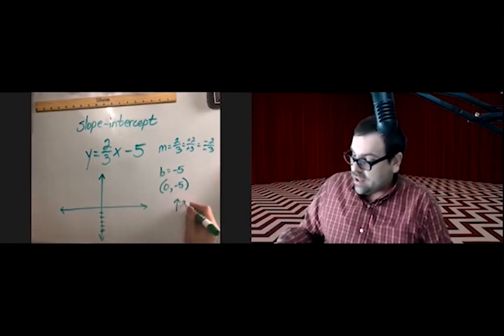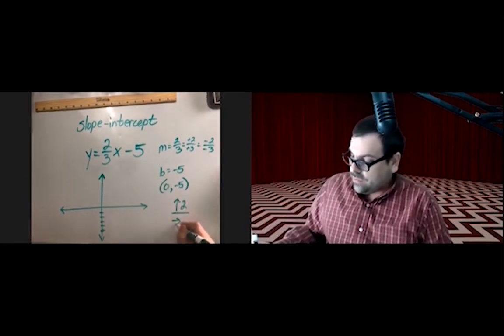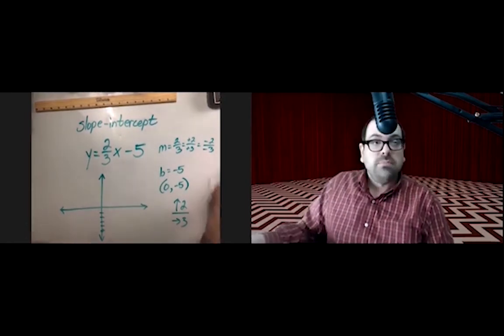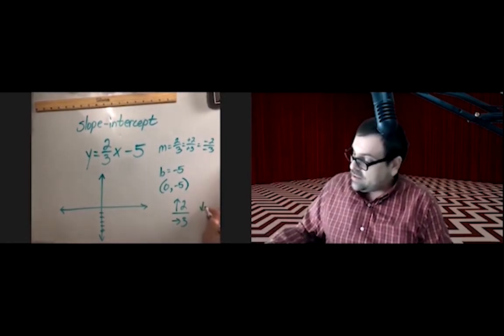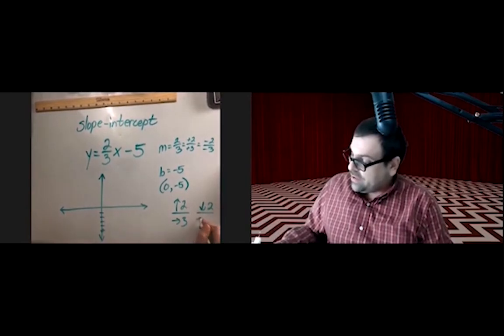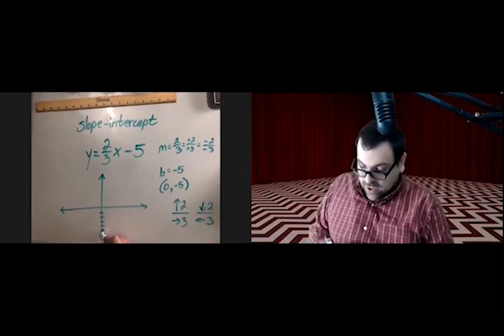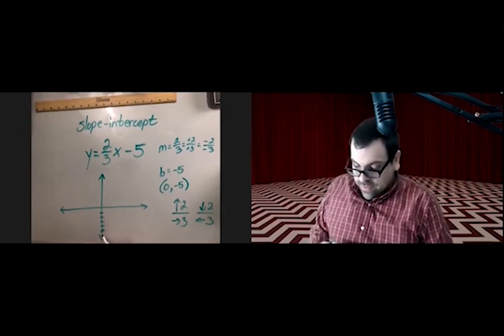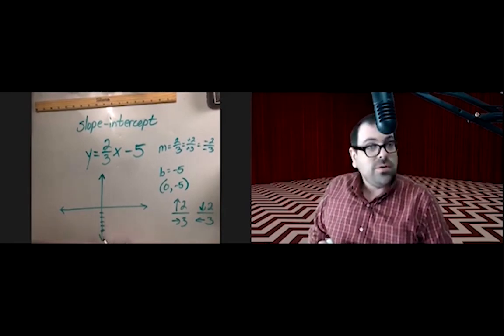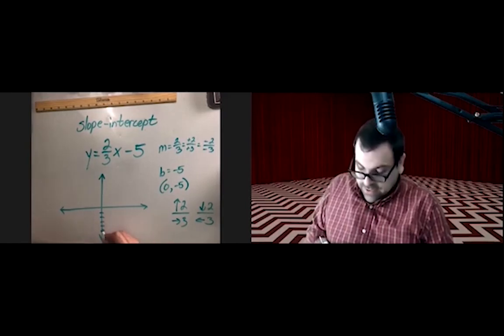So this is up 2, right 3, but it could also be down 2, left 3, negative in the y direction, negative in the x direction. So whatever's easiest to draw from here is what we're going to do. We're kind of out of room down, so let's look up and right.